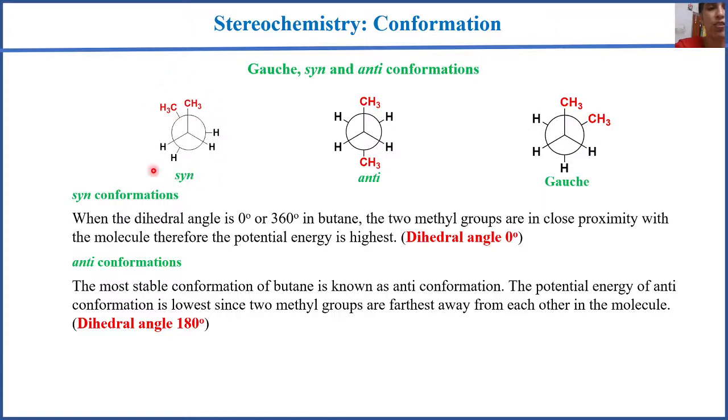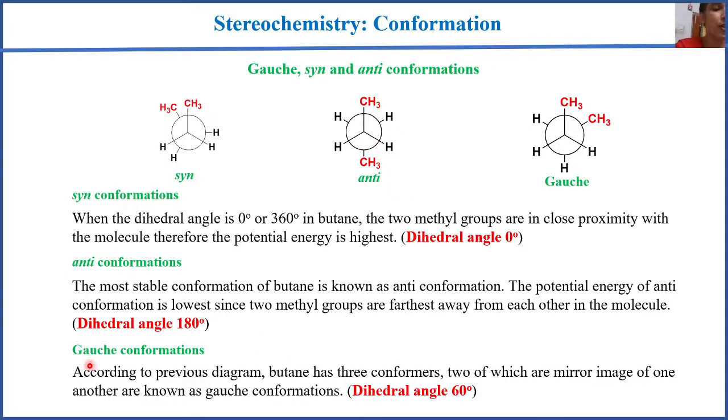This is the syn conformation. And what about anti conformation? The most stable conformation of butane is known as the anti conformation. The potential energy of the anti conformation is lowest since the two methyl groups are farthest away from each other in the molecule, and the dihedral angle is 180 degrees.